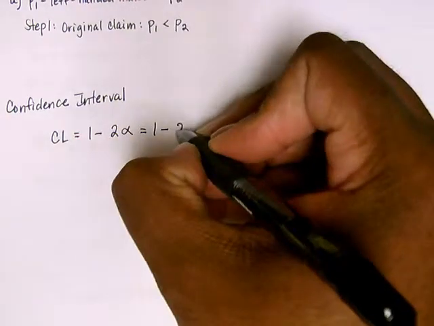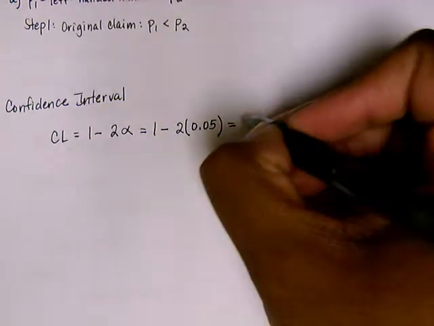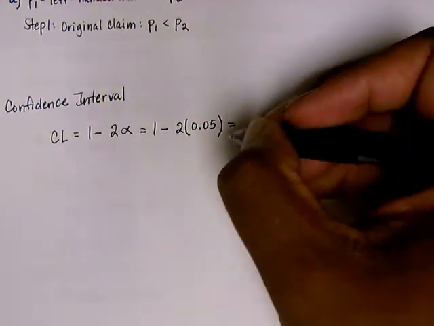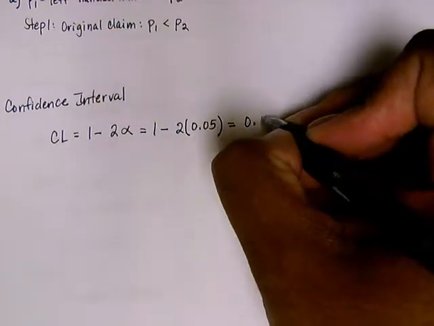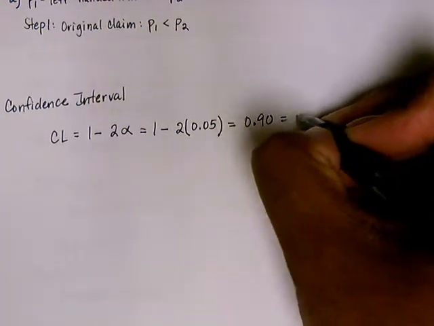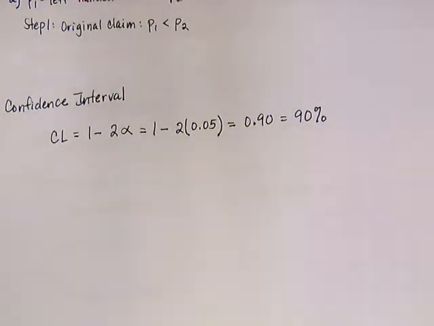So it'll be 1 minus 2 times 0.05, and 1 minus 2 times 0.05 will be 0.90, which is actually 90%. So our confidence level will be 90%.